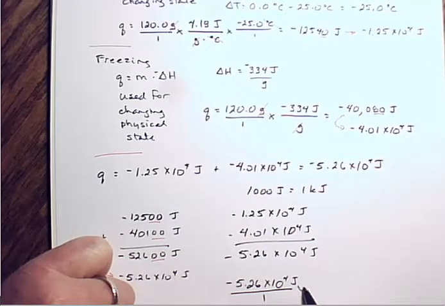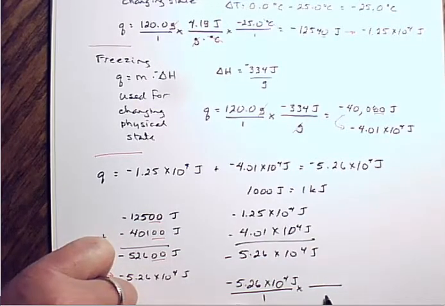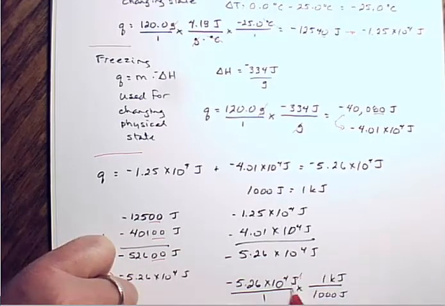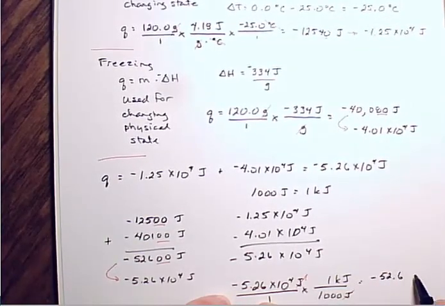Put it over 1. Here's our equality statement to justify building this conversion unit. I want to match units on the bottom here. 1,000 joules go on the bottom, and 1 kilojoule goes on the top. Joules cancel. Do the math. Negative 52.6 kilojoules. There's our final answer.